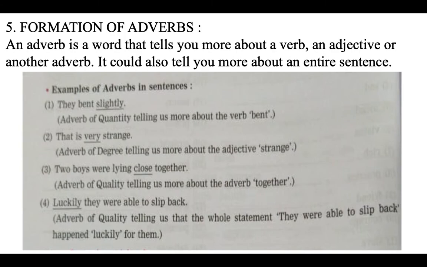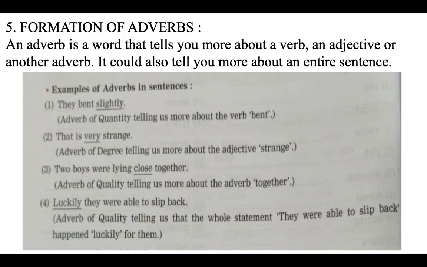Now, let us see what are the various examples that we get. Usually, most of the time, this is not like a rule, but you need to remember that most adverbs end with ly. However, there are various exceptions to this.